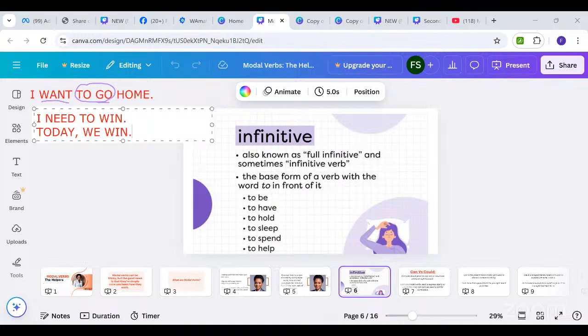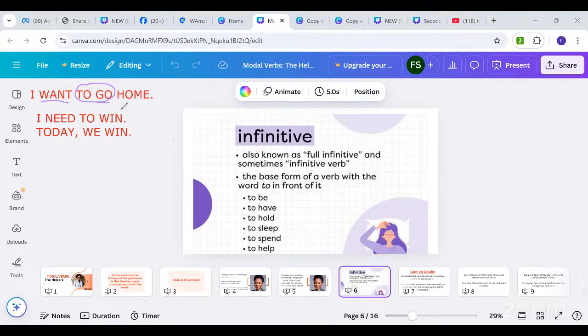So remember infinitives. When you add to to a verb, if the verb is capable of acting as a noun or an adjective or an adverb, it becomes an infinitive. So in this case, to win is an infinitive verb? Yes, to win is an infinitive.